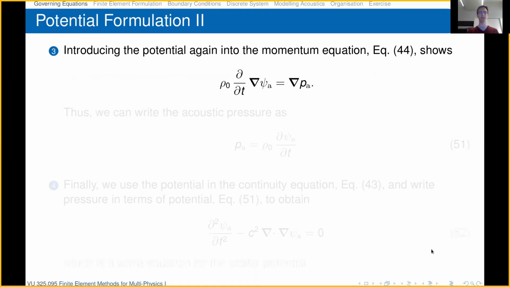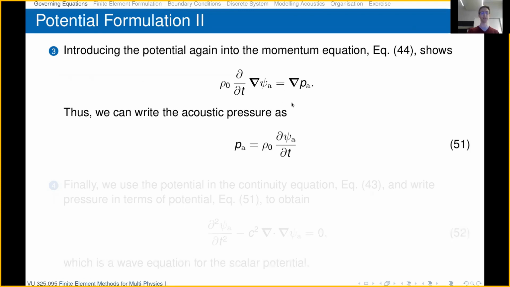The next step to derive the potential formulation is to introduce the potential again into the momentum equation. So we simply insert it for the velocity, and then we can actually relate the potential and the gradient of the pressure. In fact, we see we have a gradient here. We can also relate the pressure with the time derivative of the potential times the density.